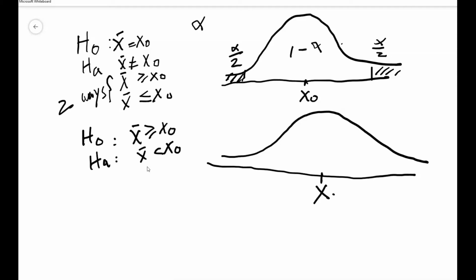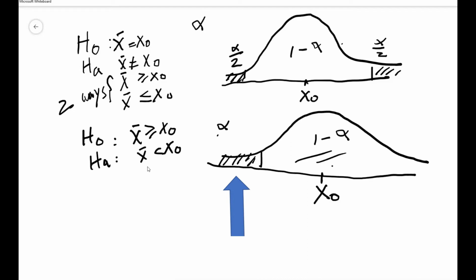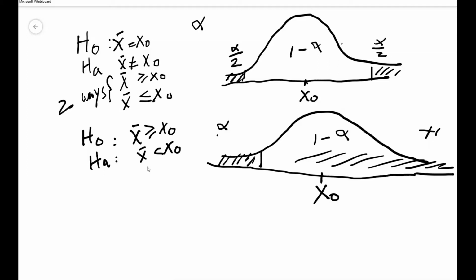So this is x0, and our hypothesis is the mean is larger than this one. So this is alpha, and this area is 1 minus alpha, including everything up to positive infinity. So this is the two-sided test graph, and this is the one-sided test, another graph.